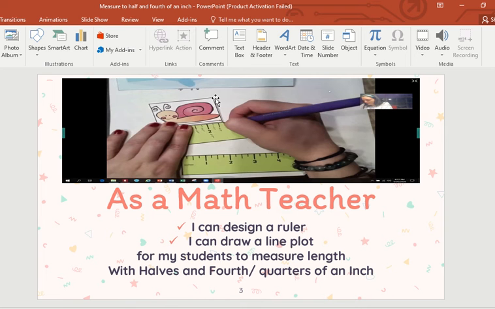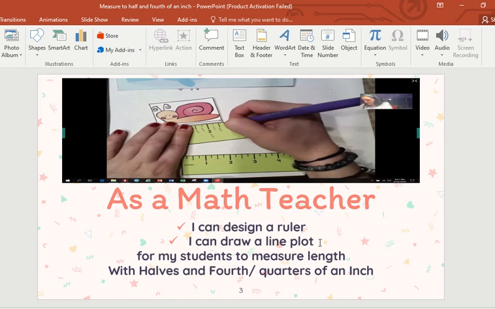Okay, so you can see here is a butterfly and a girl. She is taking a measurement for the butterfly. How long is this butterfly? So as a math teacher, we will only talk about designing a ruler, how you can make a ruler by yourself.